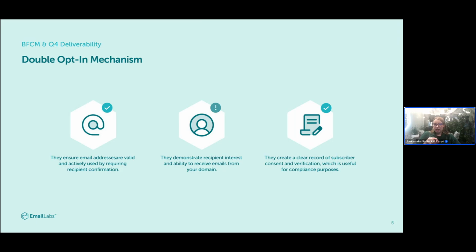And it demonstrates that the user is actually interested in receiving the emails because they had to put an effort into subscribing. And it is an easier way to receive consent for sending emails to a certain recipient, more according to the law.